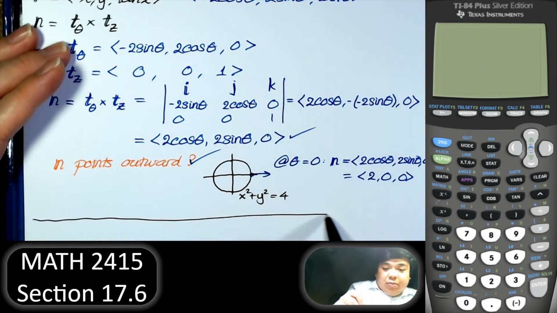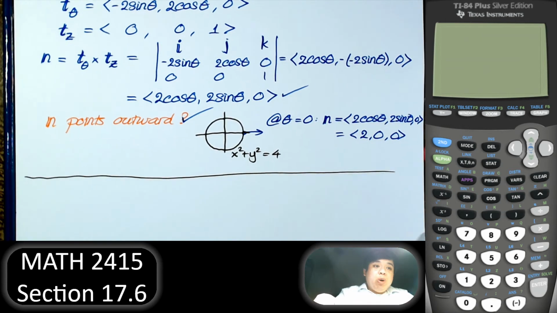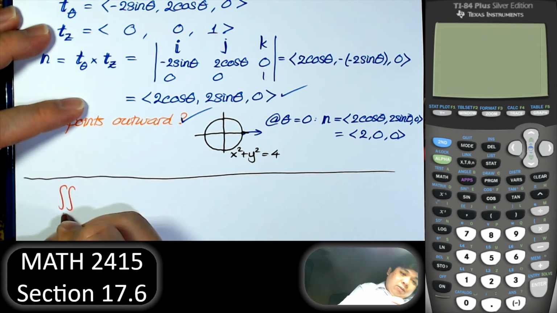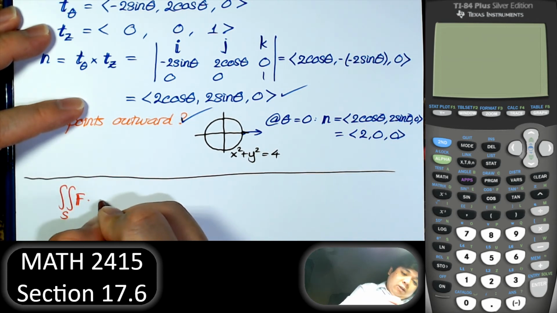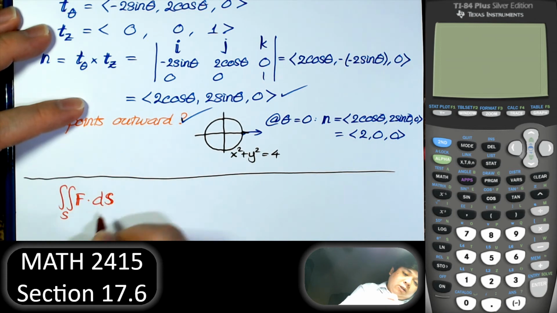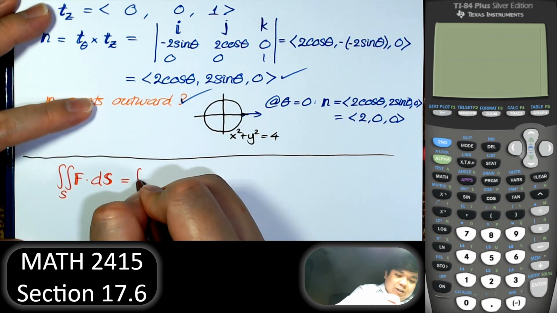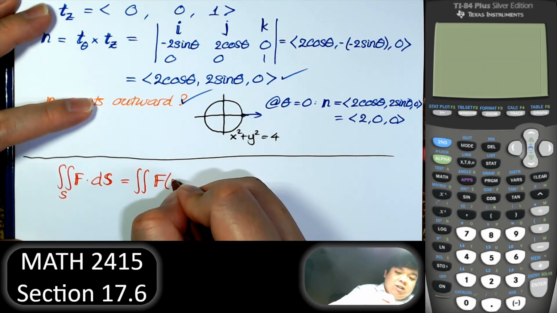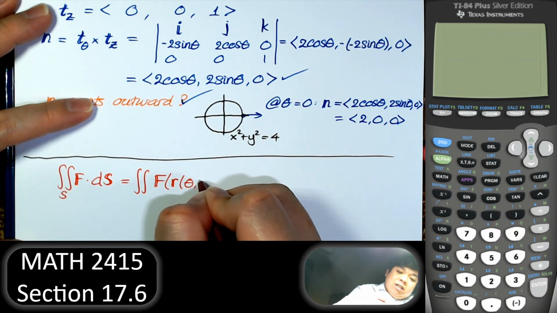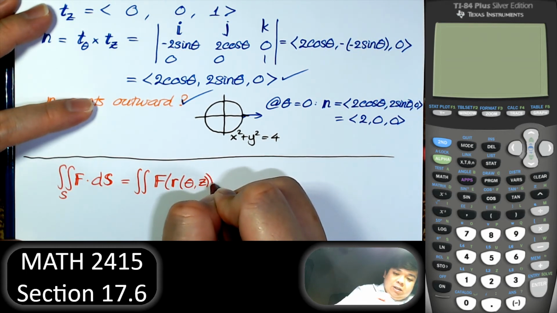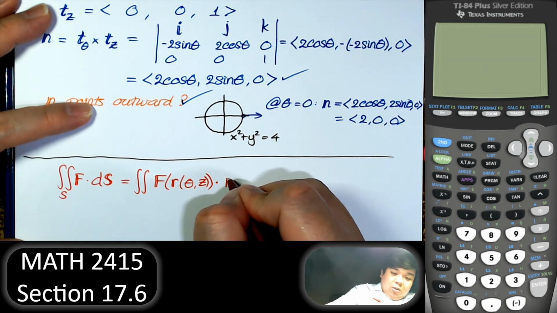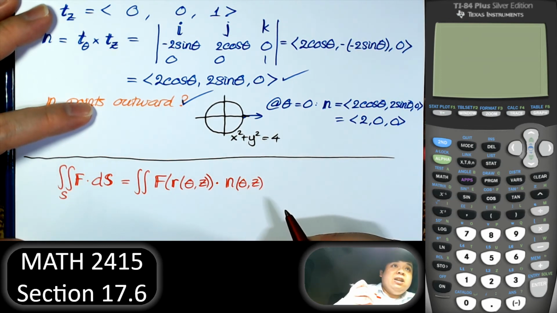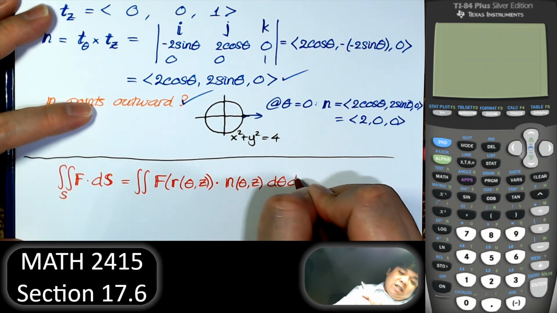Finally, let me be more precise in the notation. So we can write it like that. Now we write the vector field in terms of the parameters, in this case theta and z, and then dot the normal vector, also in terms of theta and z, and then we just have d theta and dz.